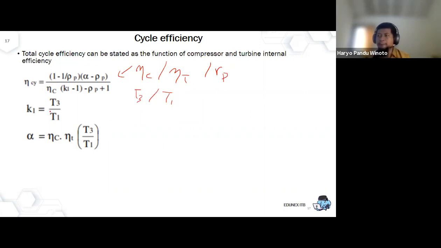Then you can get this. It's a very fast approach to estimate the overall cycle efficiency.